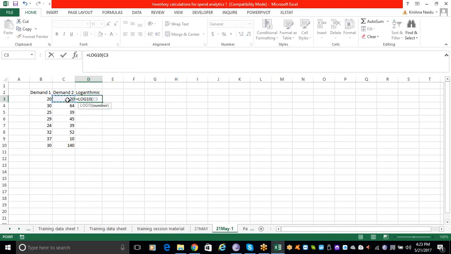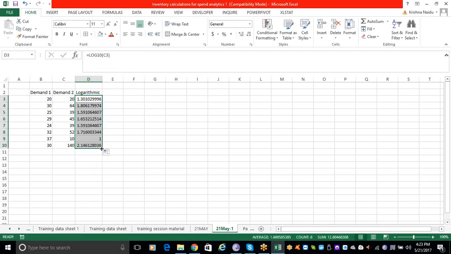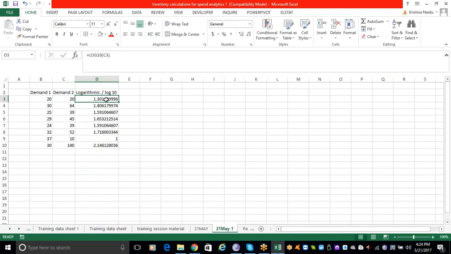What is this number on the log base? This is log to the base 10. I'm converting this number into log to the base 10.